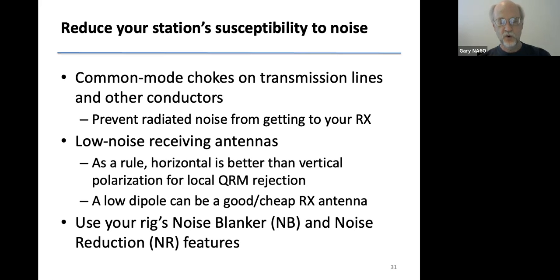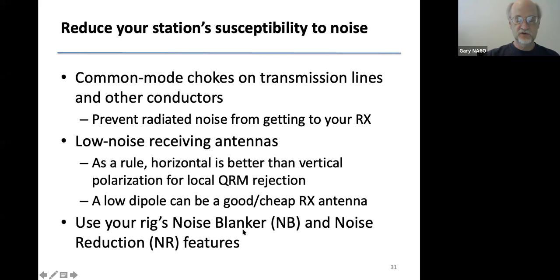Typically, we find that horizontal polarization is somewhat better than vertical polarization for rejection of a lot of this local noise. And something as simple as a low dipole can actually be a good and cheap receive antenna. Maybe not a good transmit antenna, but it can be fairly good for receiving in the face of a high noise level.